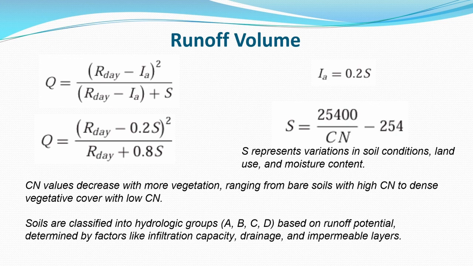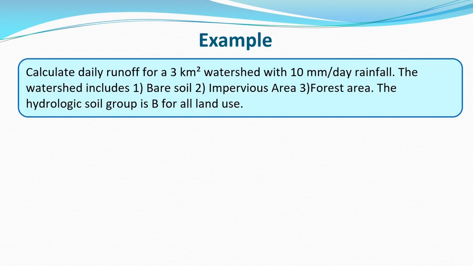Let us solve one example to understand this runoff calculation using curve number method. So here is the example. Calculate the daily runoff for a watershed having an area of 3 km square and the average daily rainfall in this area is 10 millimeters per day.